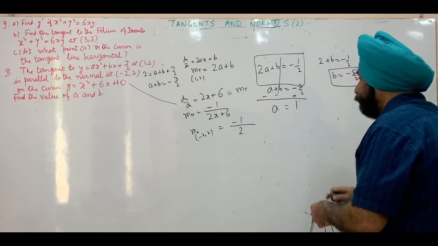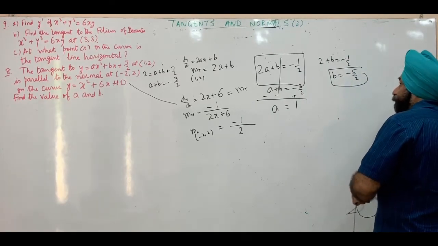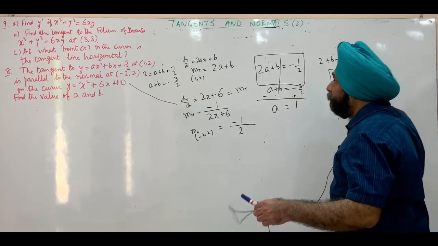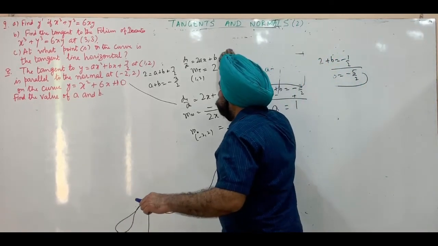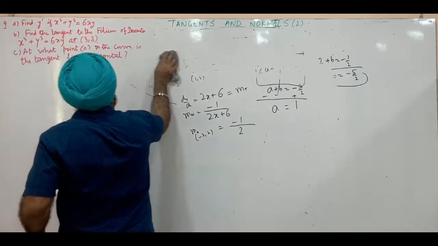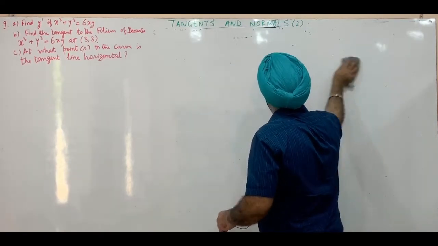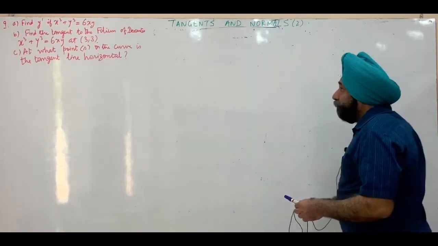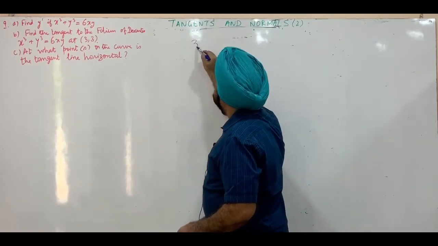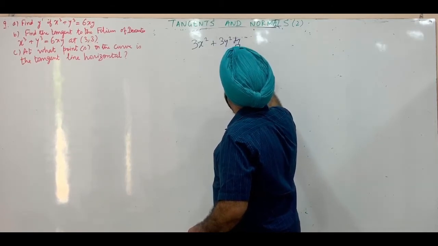The last question: x cube plus y cube is equal to 6xy. We have to find out y dash. y dash is the derivative dy by dx. This is an implicit function, so we'll differentiate it throughout to get 3x square plus 3y square into dy by dx.